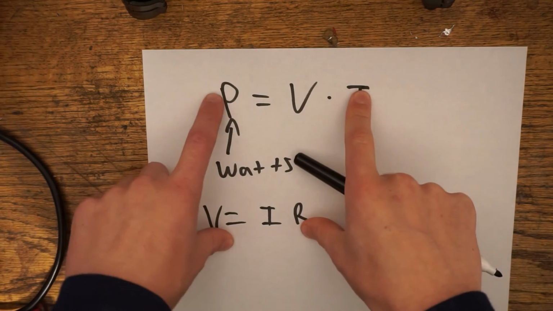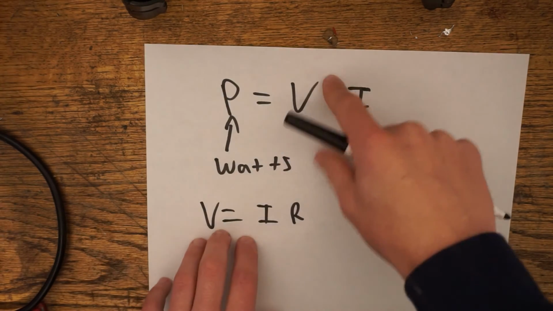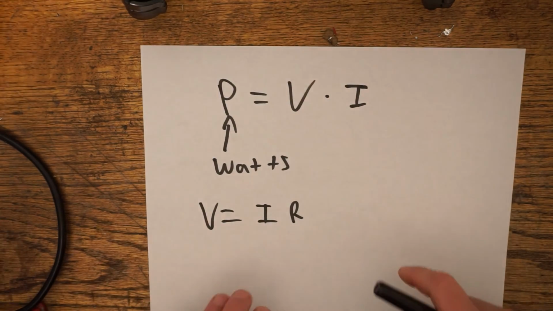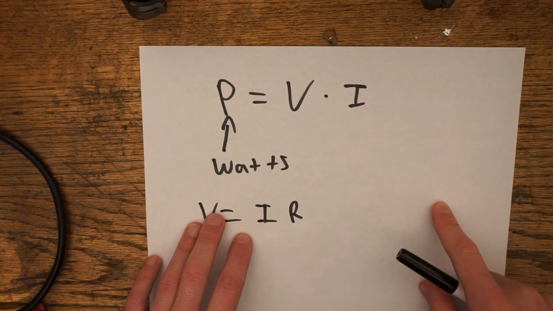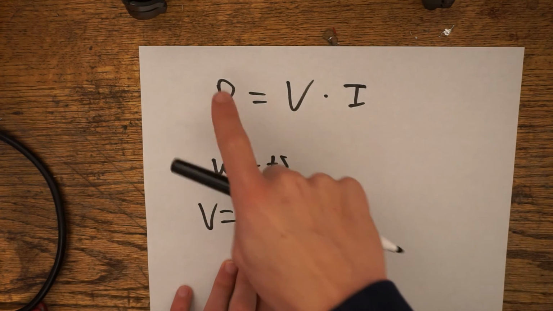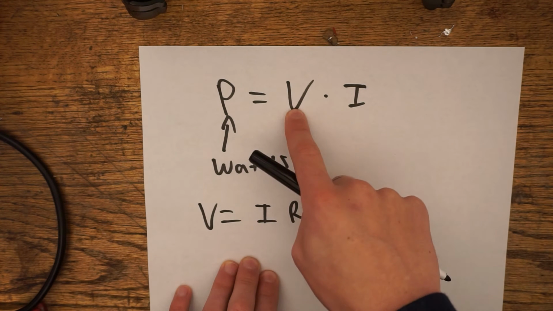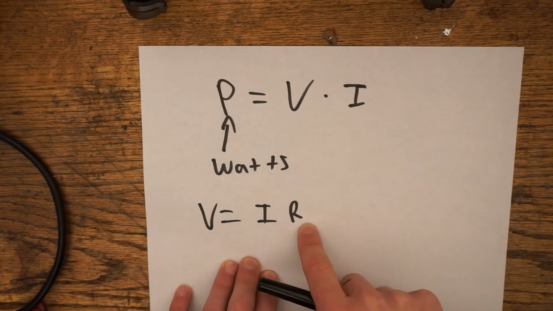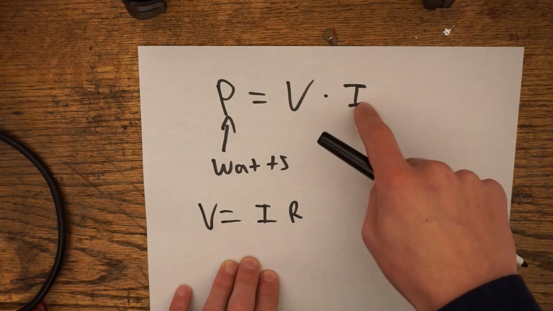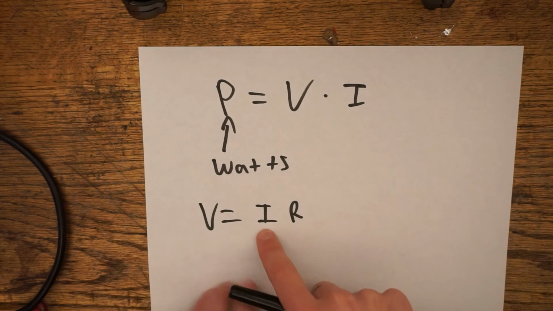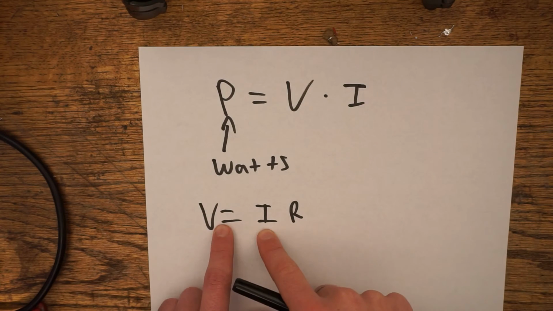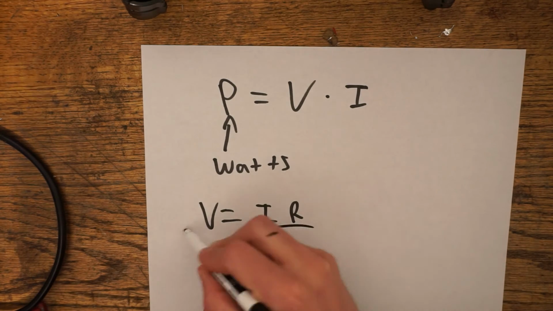And if you memorize those two formulas, you can substitute into either formula, and you can just solve for whatever you're looking for. So if I wanted to solve for power, and I knew, let's just say, volts and ohms, let's say I didn't know the current, you can mix these two formulas together. So we could solve this formula down here for I. If we divide each side by R, right?